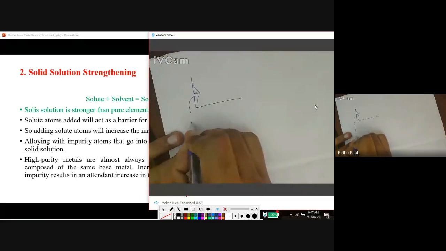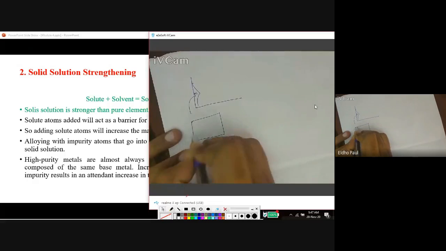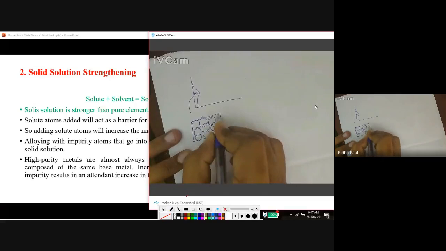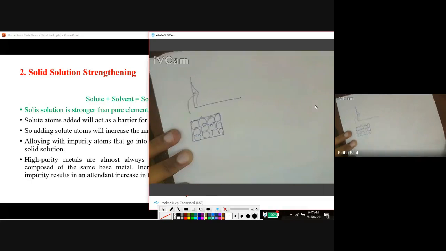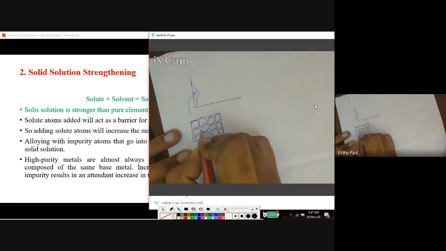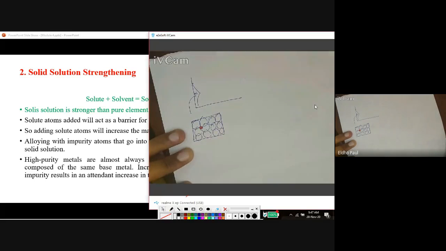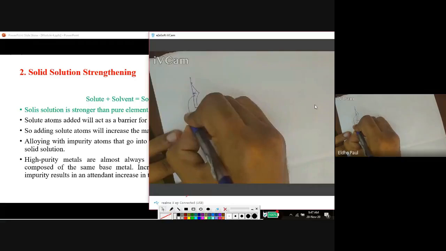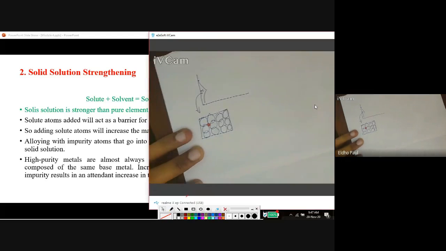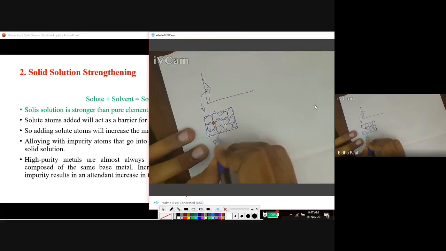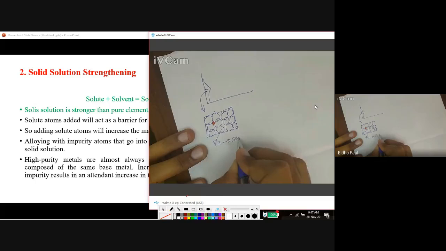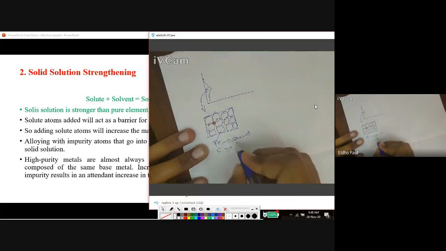What is that? A solid solution of iron and carbon. The carbon atoms occupy the interstitial position of the iron. So this is the alpha solid solution, in which iron is the solvent, and carbon is an interstitial impurity, the solute.